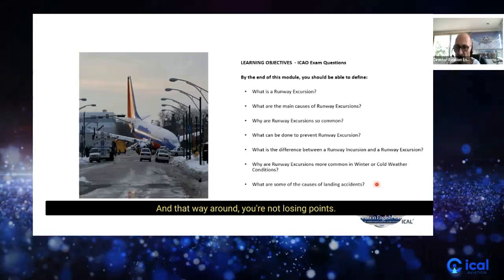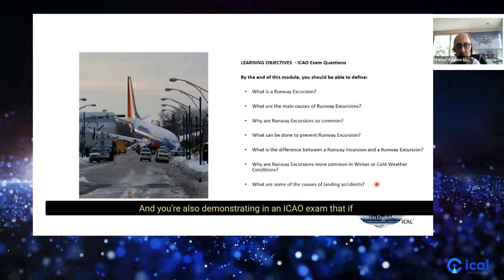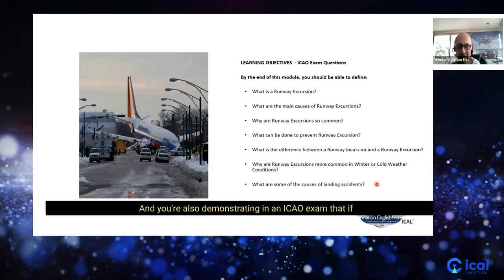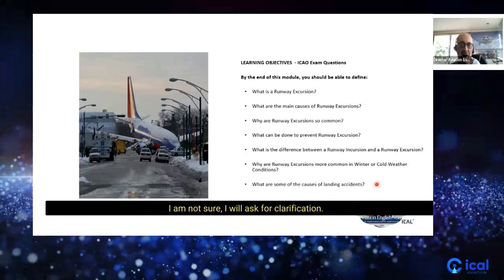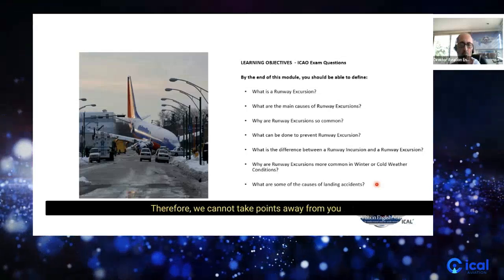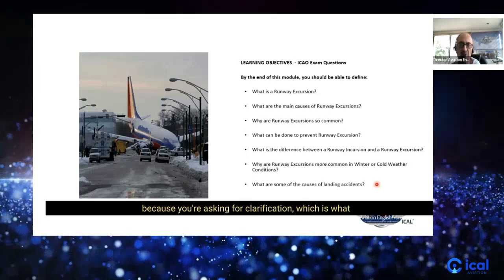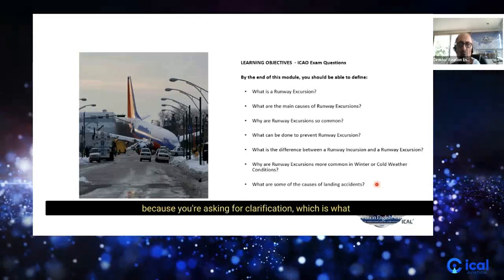And that way around, you're not losing points. You're able to answer the question, and you're also demonstrating in an ICAO exam that if I am not sure, I will ask for clarification. Therefore, we cannot take points away from you because you're asking for clarification, which is what we want.